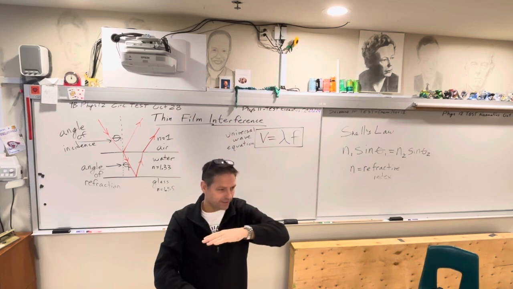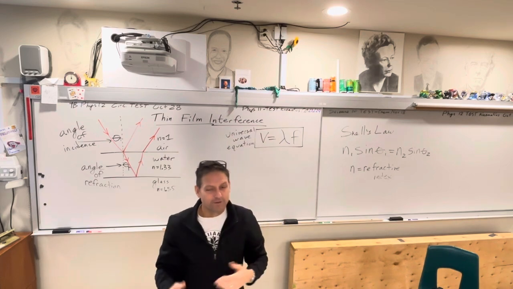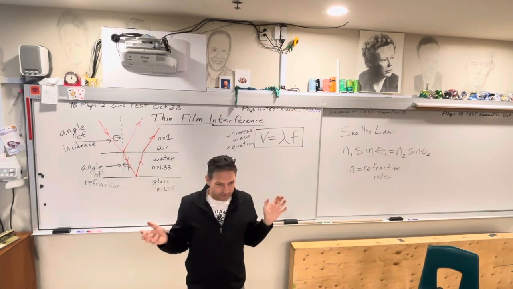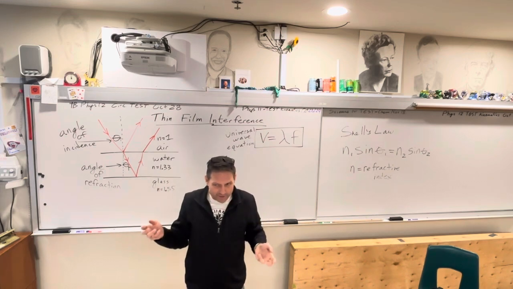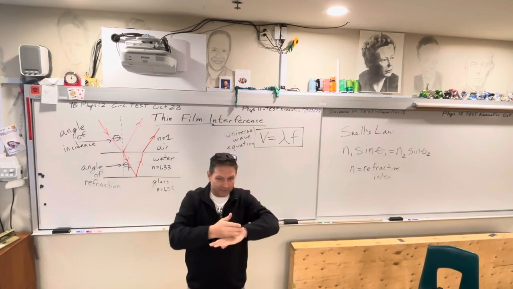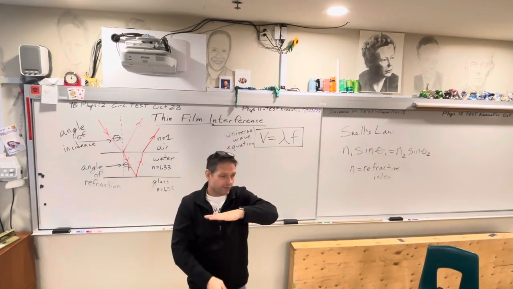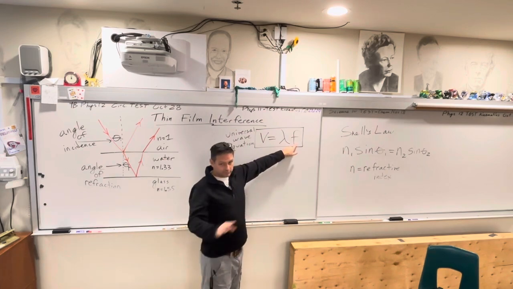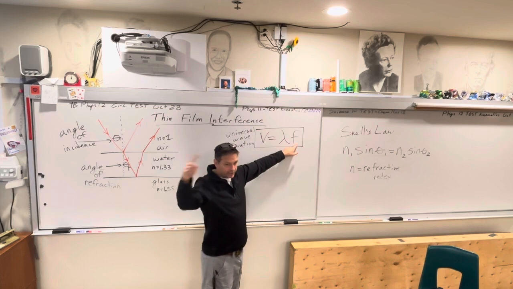Lucas is nodding. Yeah, it has to be, right? A wave front, a crest is not just going to disappear, right? And you're not going to just have a crest pop out of nowhere. So if 3 crests per second hit here, then 3 crests per second must leave. Frequency has to be the same before the barrier and after the barrier.